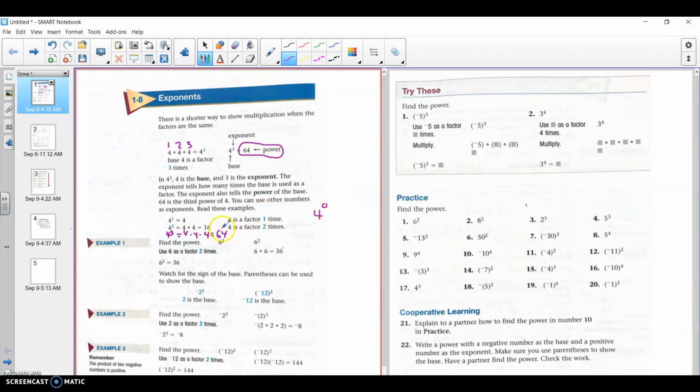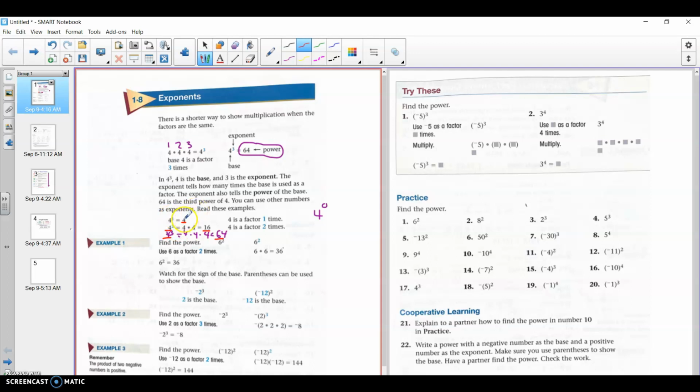If I took the 64 right here, let me change colors just a second. If I took the 64 and divided by the base 4, 64 divided by 4 will give me the answer to 4 squared. It's 16, right? Now, if I took 16 and divided it by the base 4, 16 divided by 4 will give me the answer to 4 to the first power.